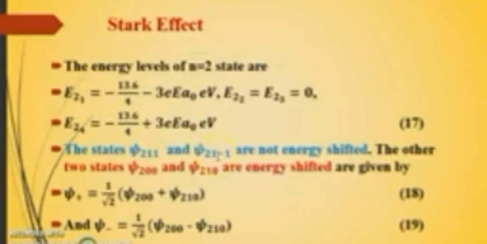So the states psi 2 1 1 and psi 2 1 minus 1 are not energy shifted, because in this case the m values are not the same. It is 1 here and minus 1 here.